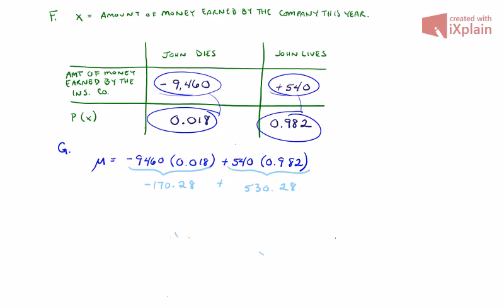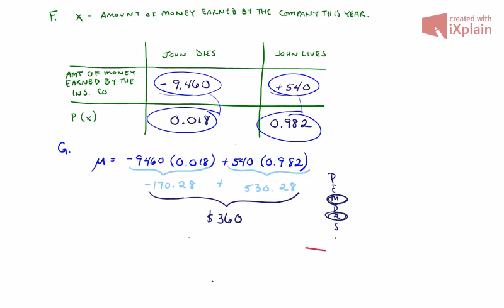Again, what I want you to remember is keep PEMDAS in mind. Note that we have to do multiplication before we do addition. So when we add this up, we're going to get a positive 360.